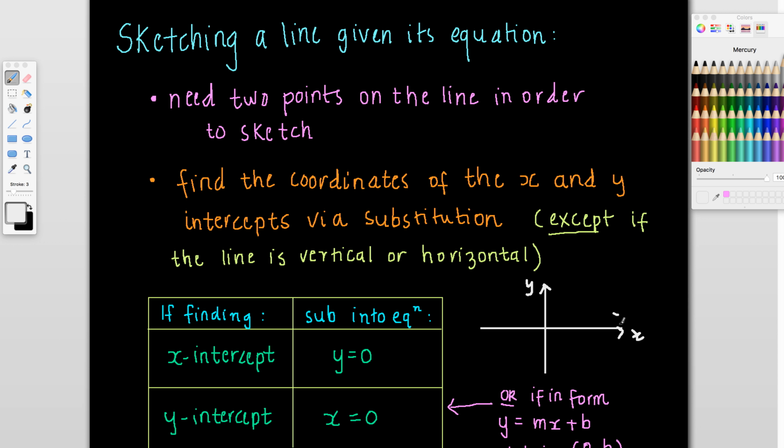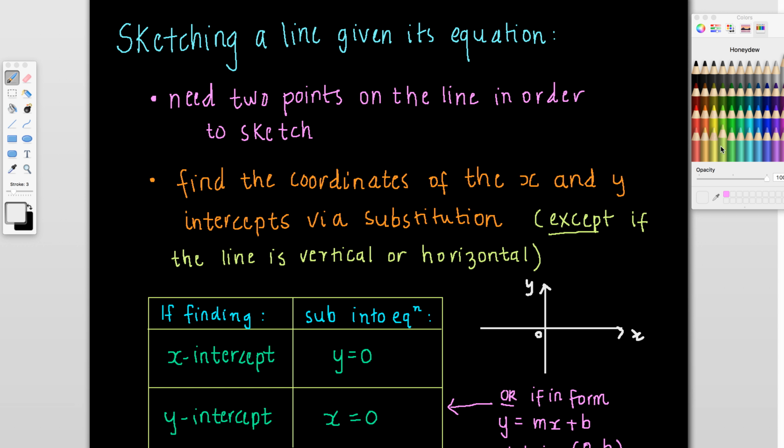If I want to know where my line is touching this axis here, obviously that's where Y is equal to 0 always. So all I need to do is substitute into the equation Y equals 0. I will then solve and get a value for X, and that is my X-intercept. Then I'll state that coordinate, with Y being 0, so you have your X value, comma, 0.